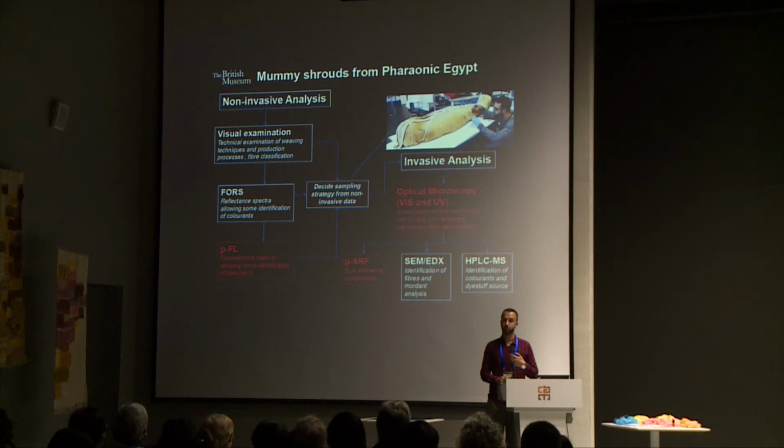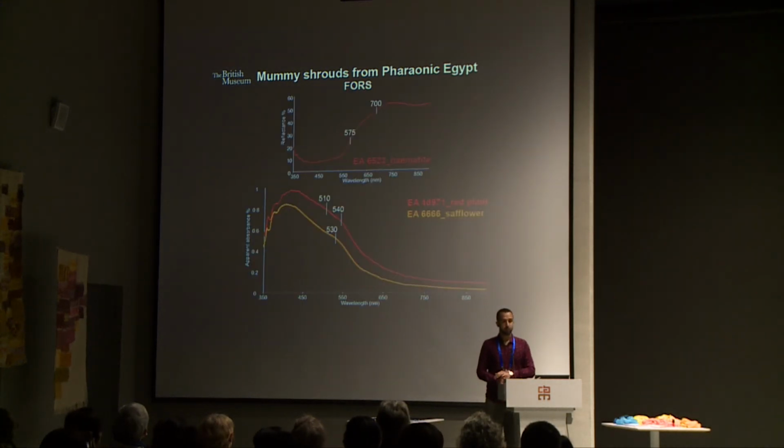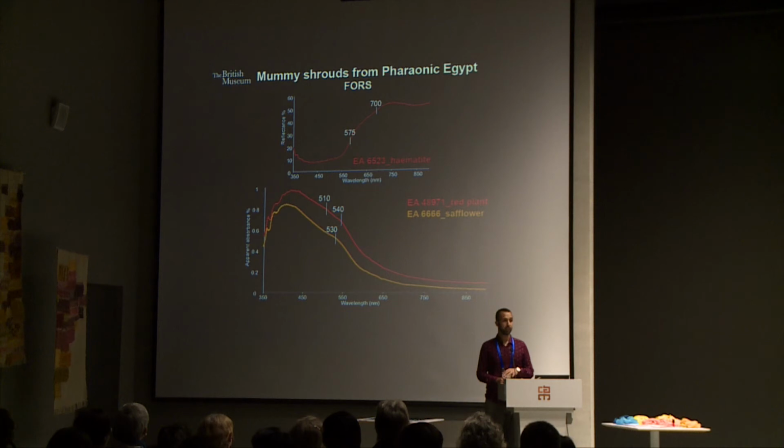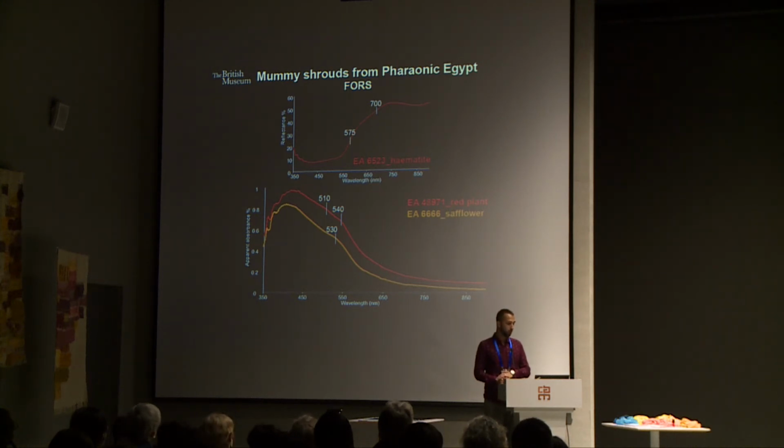But we used some microscopy with visible and UV light instead. And it was immediately clear, using non-invasive reflectance spectroscopy, that we were in front of three sources of red. One was not an organic dye, it was a mineral pigment, so it was hematite that was applied on the still very bright red textiles, whereas a source of madder and safflower were used in the most faded situations.